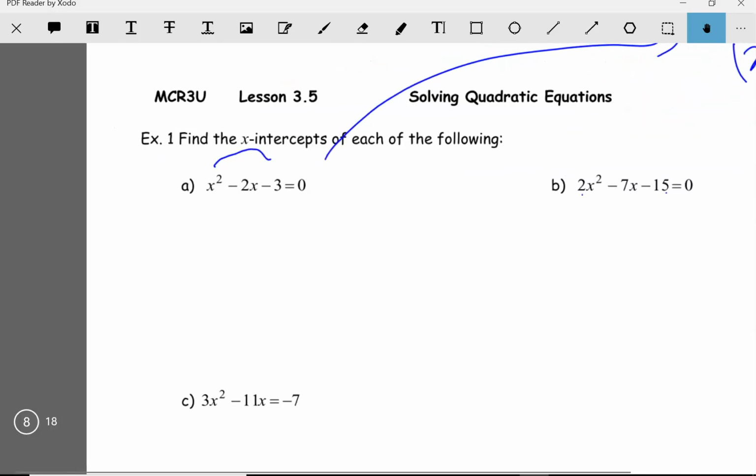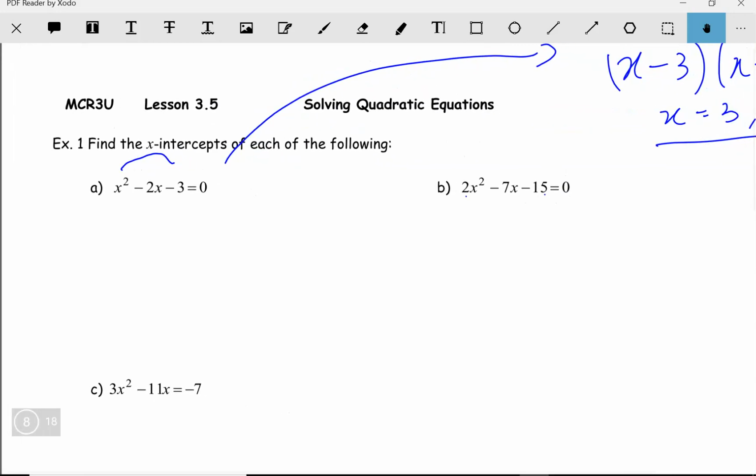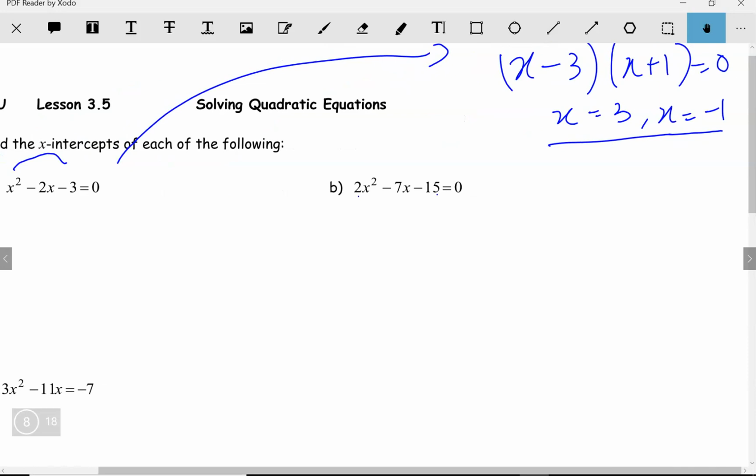So we're going to learn a different way to do it. We learned a way in grade 10, which involves the quadratic formula. In this case, a equals 1, b equals -2, c equals -3.